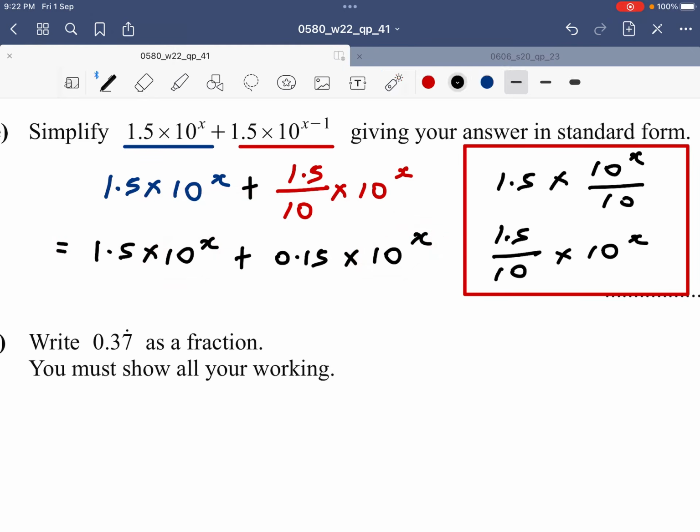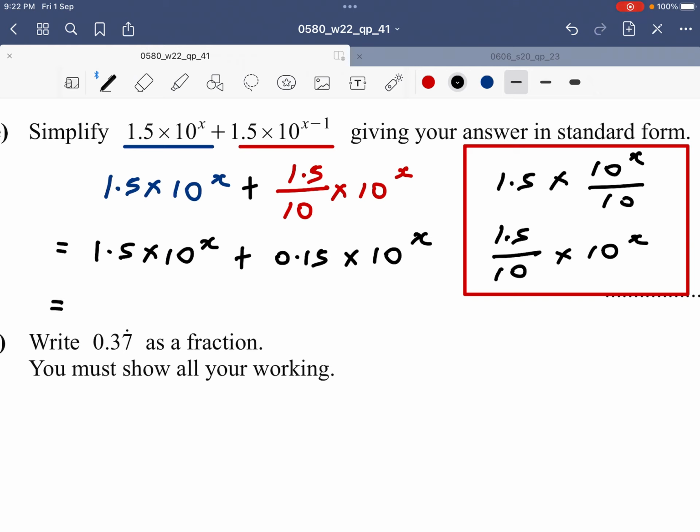I can put 10 to the power of x in front, and then write whatever is left, that will be 1.5 plus 0.15, am I right? Now we can proceed from here. But when we do the factorization this time, we don't put 10 to the power of x in front of the bracket, we put it at the back. Same thing, right?